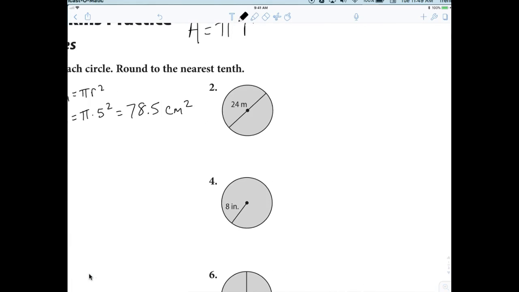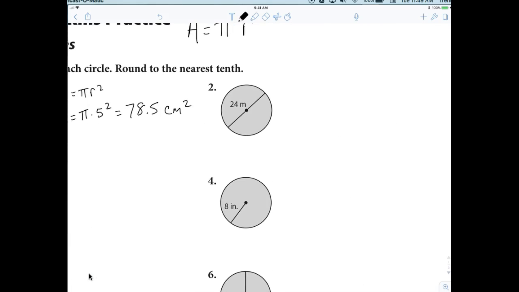All right, number 2 is our first problem. Abby, why is number 2 a problem? Because it's the diameter, not the radius. Very good. So what's the radius? 12. Right, so A equals pi r squared. A equals pi times 12 squared. Type that into the calculator.